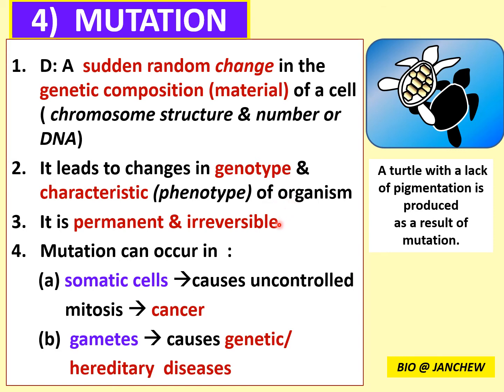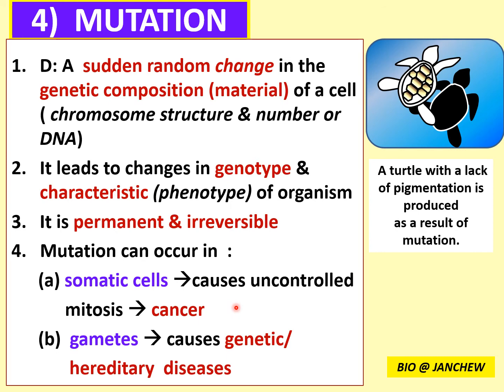So mutation is permanent and irreversible, and mutation can occur in somatic cells or normal body cells. This will cause uncontrolled mitosis leading to cancer. For example, if a person is exposed to X-rays or excessive ultraviolet light, so these rays can damage the DNA that controls the cell cycle.